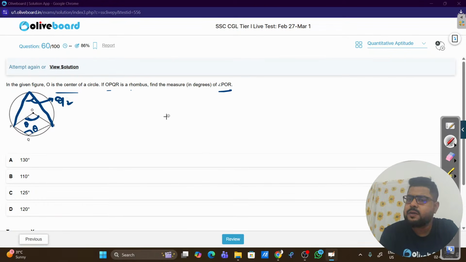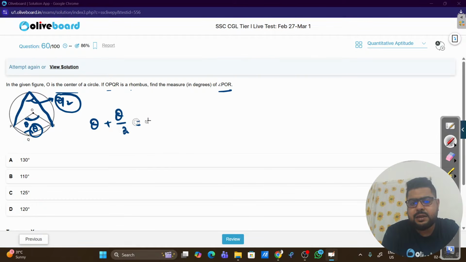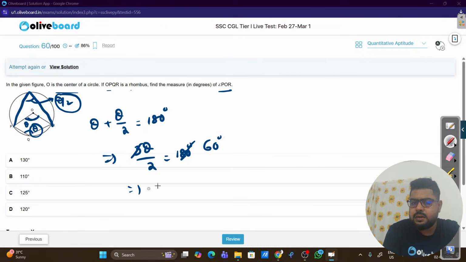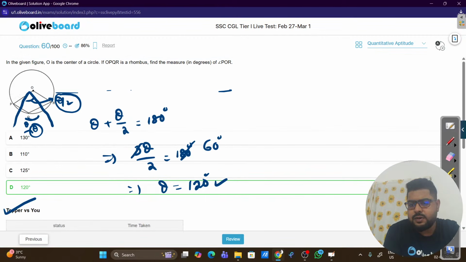This one plus this one, they are cyclic quadrilaterals, sum must be 180. Theta plus theta by 2 is 180. 3 theta by 2 is 180, so this is 60, sir. So theta will be 120. Done. Option D. Moving on.